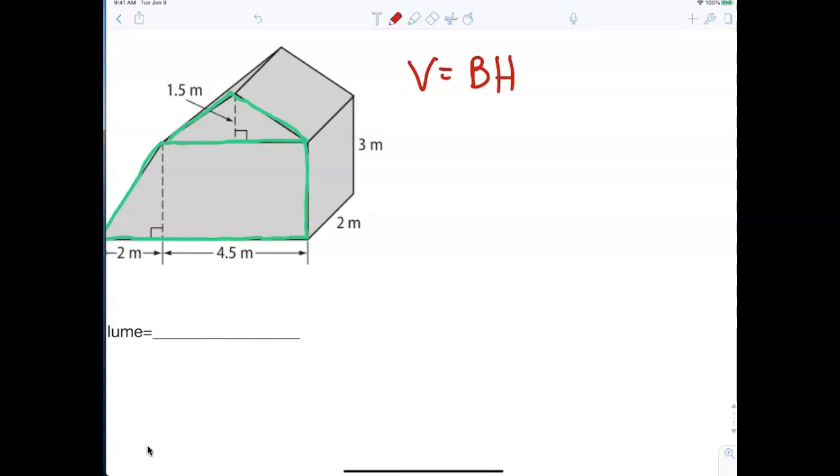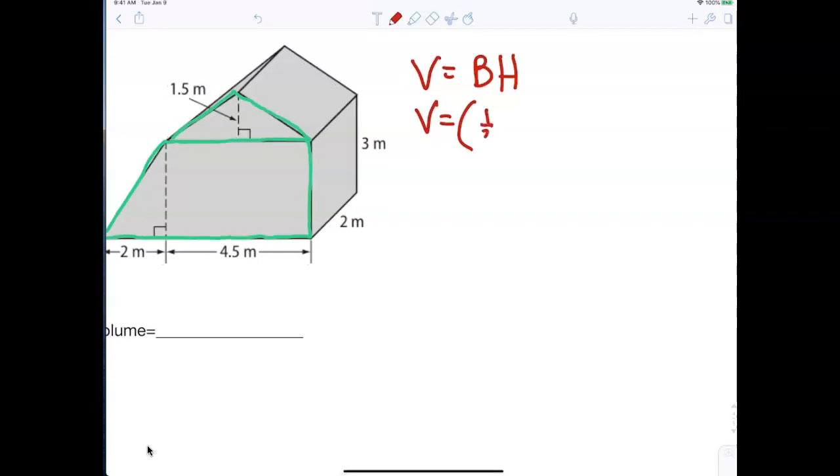So now I want V equals parentheses, 1/2 parentheses B1 plus B2 times little h, plus... What's the formula for area of a triangle? 1/2. Yes, 1/2 base times height.